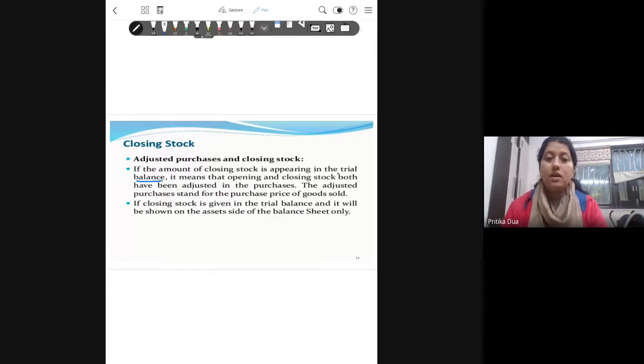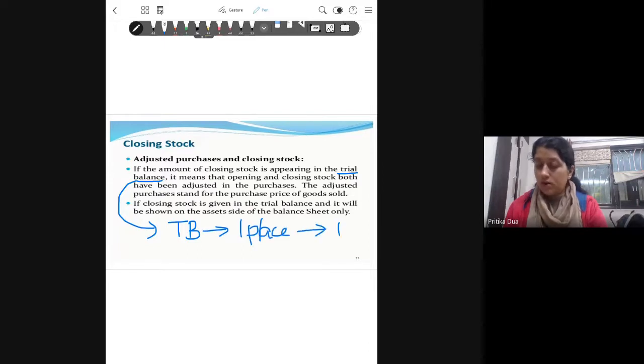This means the adjustment is not required. The processing of this information has already been done, and trial balance entries come at only one place. So now this closing stock will be recorded in the balance sheet under the asset side only.